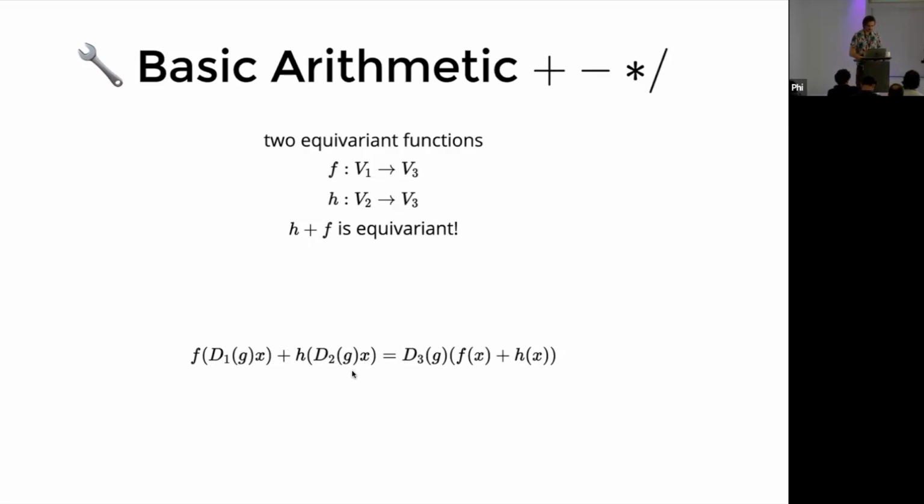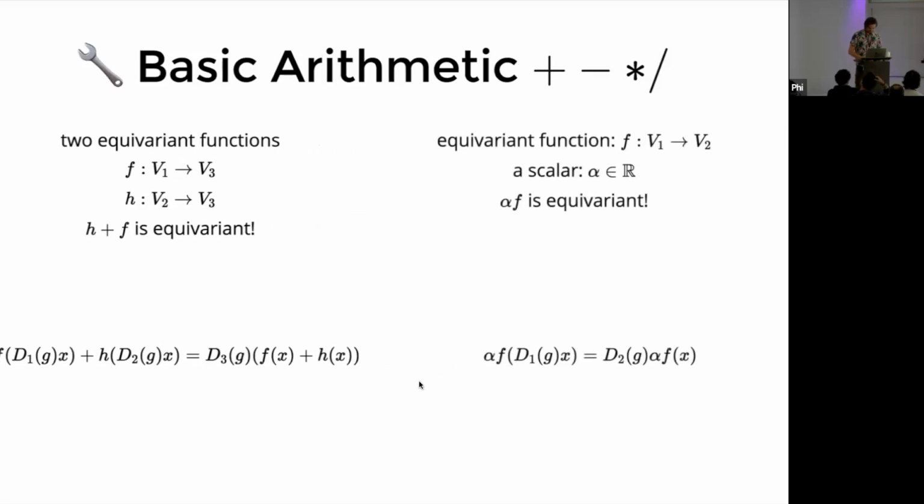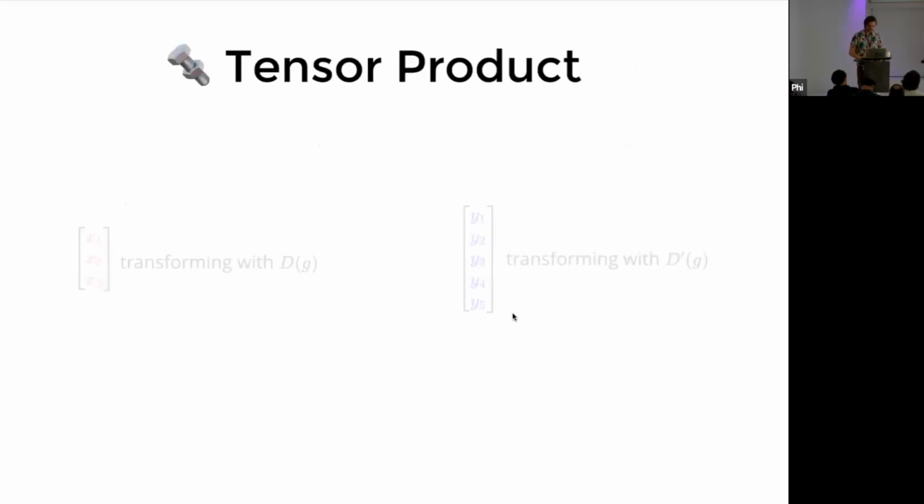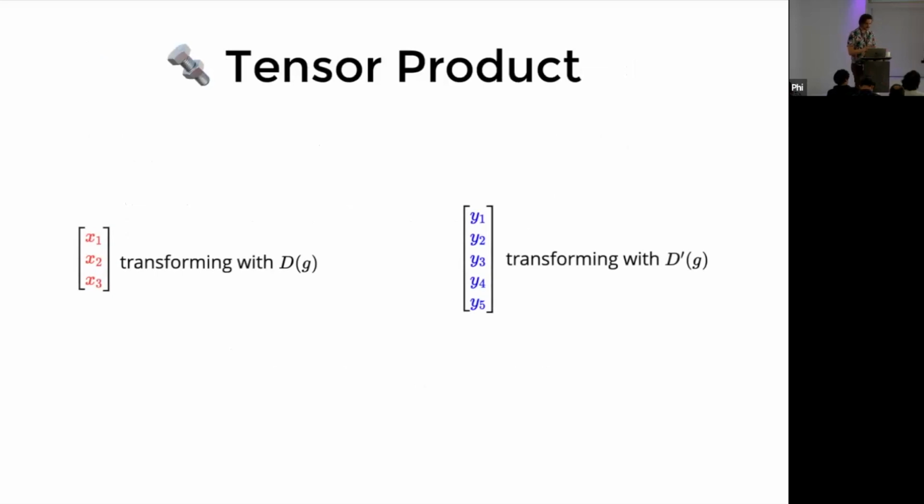That's also very simple to see, and that comes from the linearity of the representations. And if you multiply an equivariant function by a scalar, it also gives you an equivariant function.